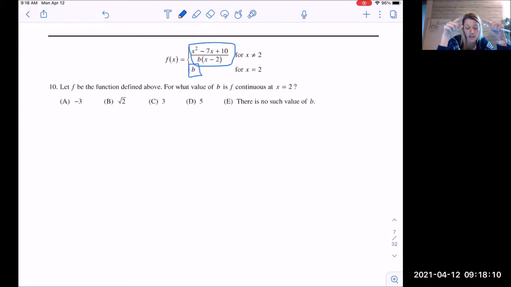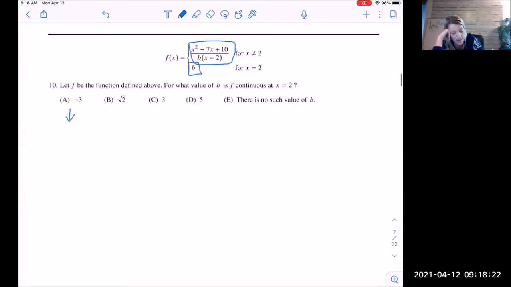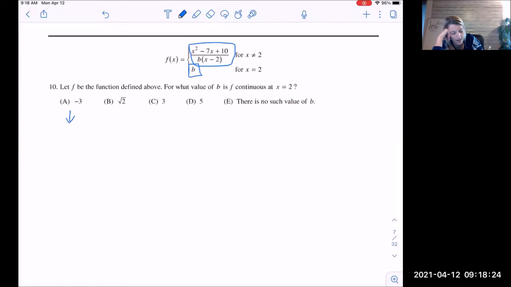Okay, so if you want to go about it backwards, you can just plug in these values. That's a really good way to use your multiple choice. So let's do it that way first. If b is -3, I'm going to factor this as x minus 2, x minus 5 over -3, x minus 2.